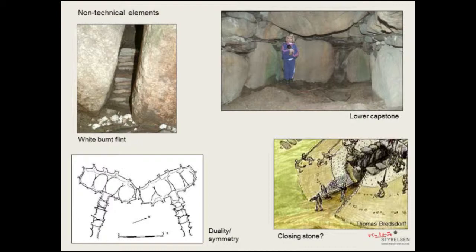In the passage grave Birkehøj, polishing stones and quern stones were incorporated in several places in the 11-meter-long chamber, either at the junctions between the capstones at the support points or in the drywalling construction. Sometimes one of the capstones extends a little lower into the chamber than the others, separating a part of the room.